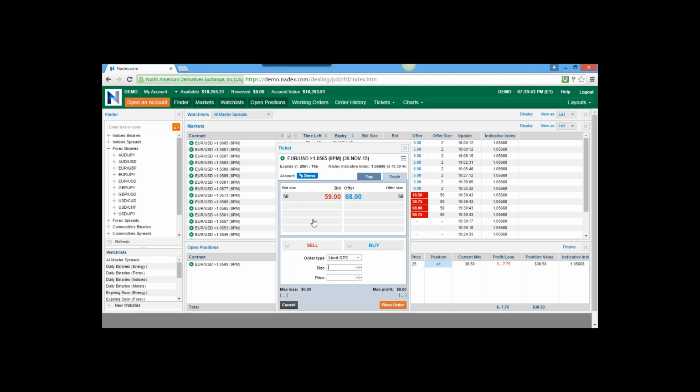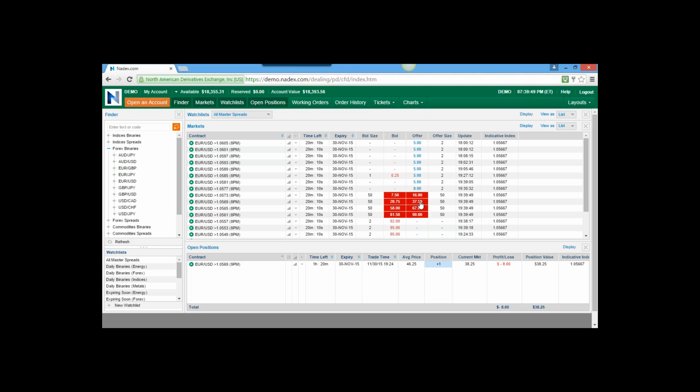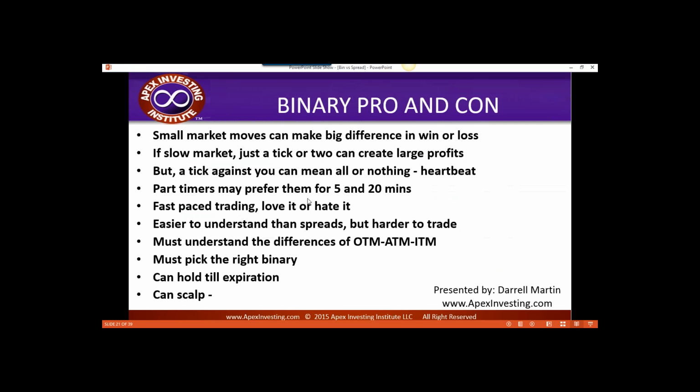Yes, just a couple of ticks movement in the market can all of a sudden make something I buy for 39 bucks be worth 100 bucks, and I like that. But it can also be something I buy for 67 bucks, goes against me a couple ticks, boom, now it's zero. So that's a pro and a con to keep in mind. Just a couple ticks can be large profits, but a tick against you can mean all or nothing, kind of messes with your heartbeat a little bit, right?